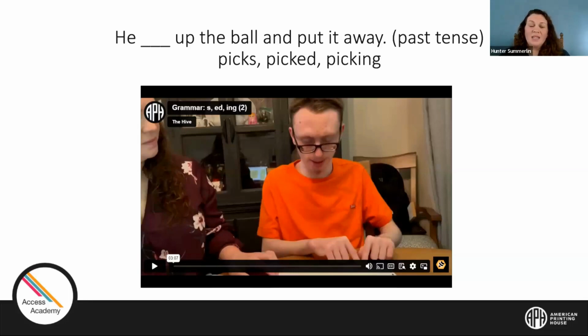The specific sentence that you will see demonstrated is, "He blank up the ball and put it away." So you will hear us talk about verb tenses, past, present, future, and obviously the correct choice is picked. The choices on the page are picks, picked, and picking. So I will go ahead and play that for you.